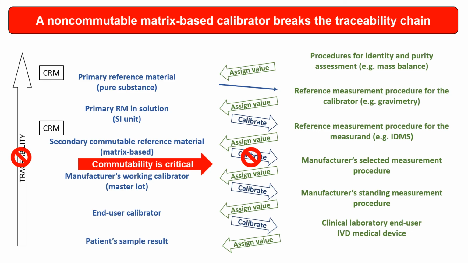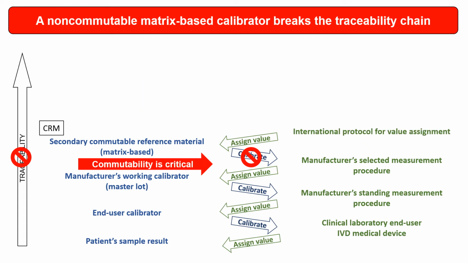So this is the classical ISO 17511 metrological traceability diagram, and it just points out that a non-commutable matrix-based calibrator breaks the traceability chain at the position of the secondary commutable reference material.